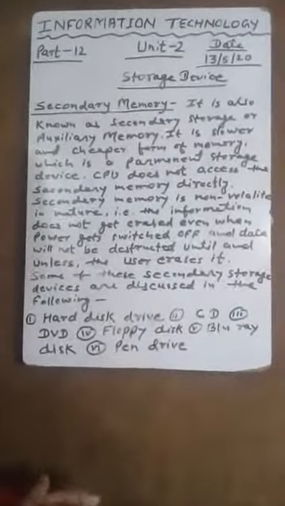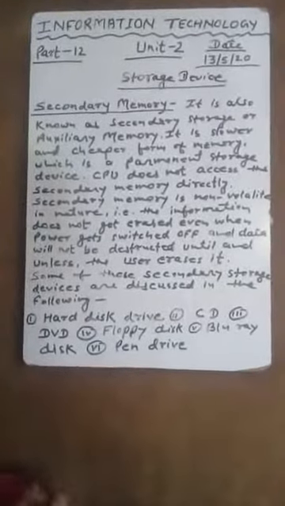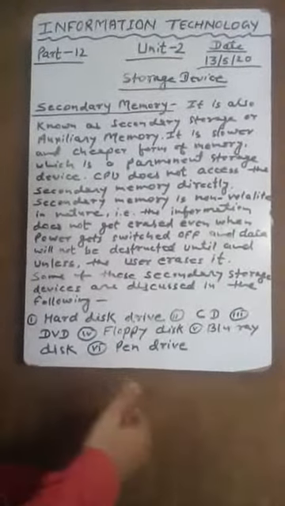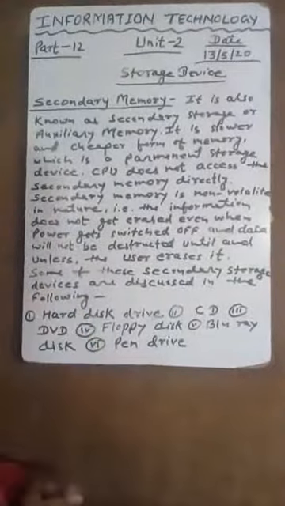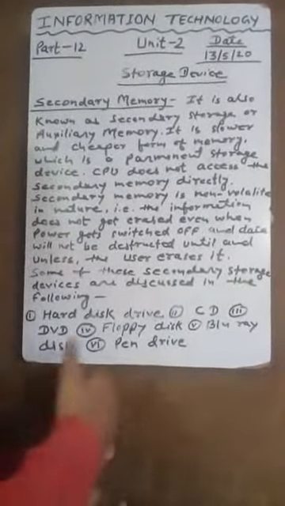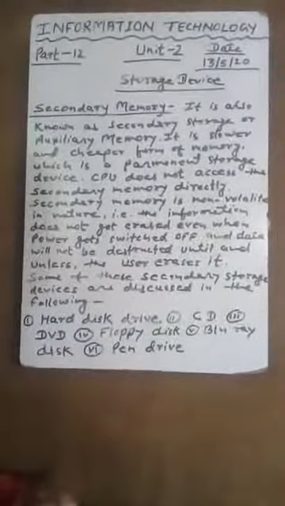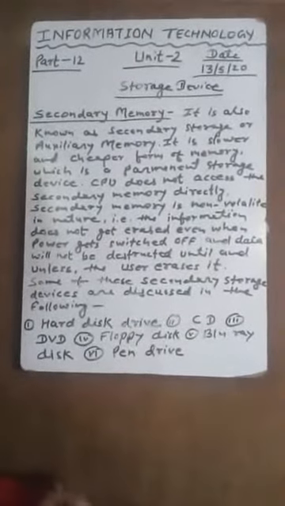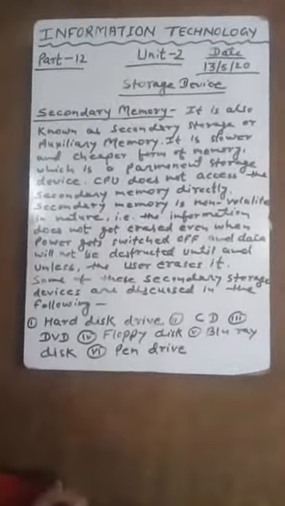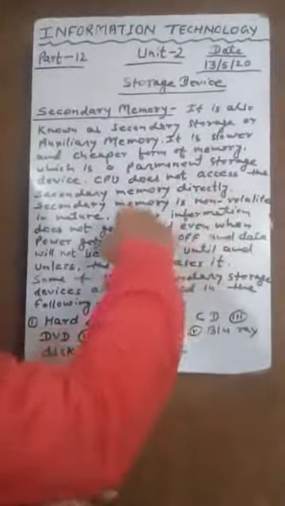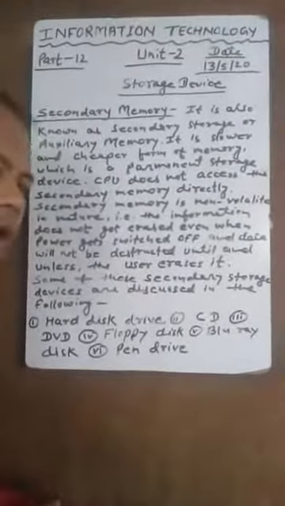All of these are secondary memory. Now we discuss hard disk drive, CD, DVD, floppy disks, Blu-ray disks, pen drive, etc. These are our secondary storage devices.